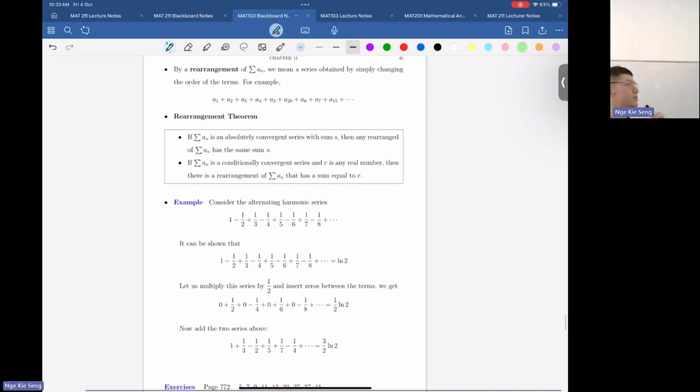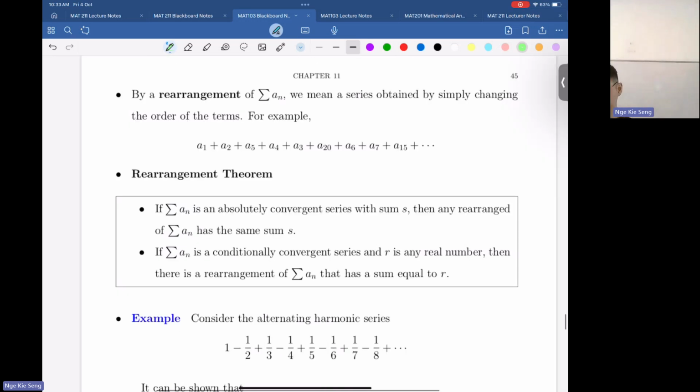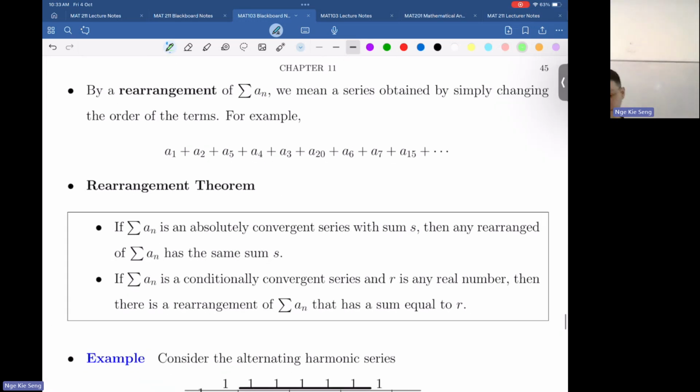So there's a rearrangement theorem here, which says that if the series you started with is absolutely convergent, meaning what? Test your definition. What does it mean by absolutely convergent? Both converge. The original series converges and also the series of the absolute terms converges.